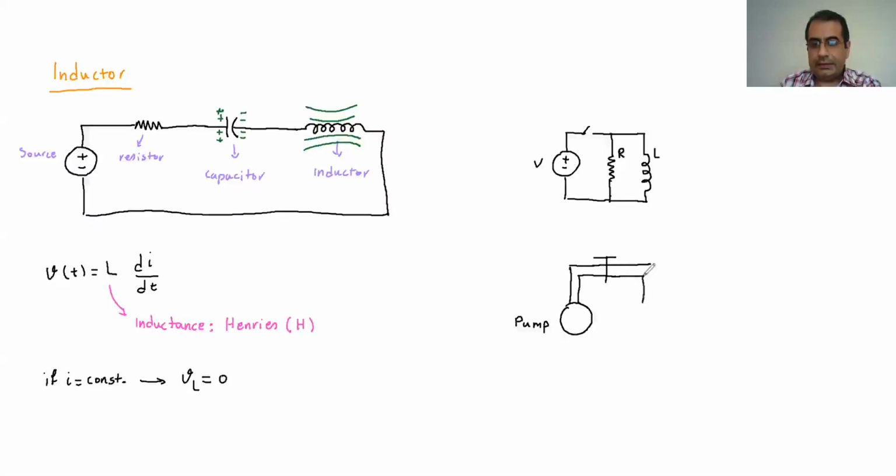For the resistance, I will use a pipe that goes ahead and then becomes narrower in between. Same here, it comes here, and then it becomes narrower in between. We have these coming back.